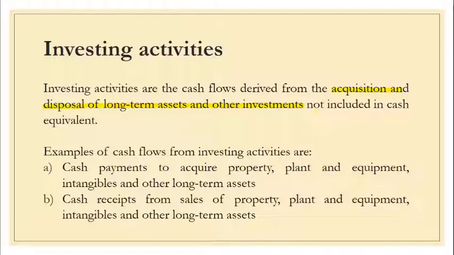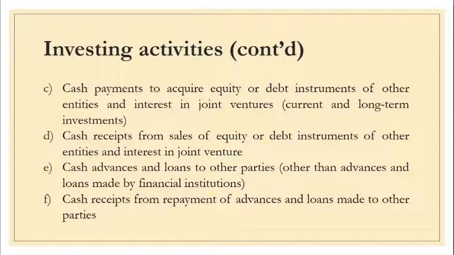So, examples of cash flows from investing activities include cash payments to acquire PPE, intangibles, and other long-term assets. We also have cash receipts from sales of PPE, intangibles, and other long-term assets. We have cash payments to acquire equity or debt instruments of other entities and interest in joint ventures. We have cash receipts from sales of equity or debt instruments of other entities and interest in joint ventures.